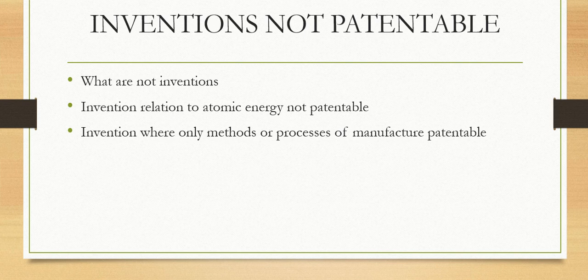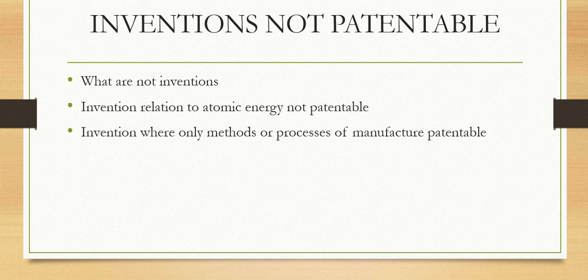A substance obtained by a mere admixture resulting only in the aggregation of the properties of the components thereof, or a process of producing such substance. So by mixing two or three substances resulting only in the aggregation of the properties of the components, mixing up two things and coming up with another thing is not accepted.